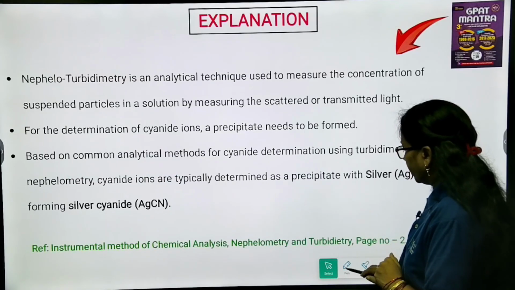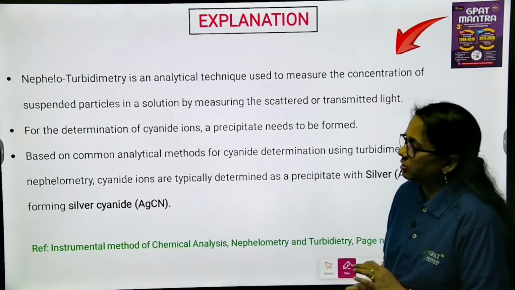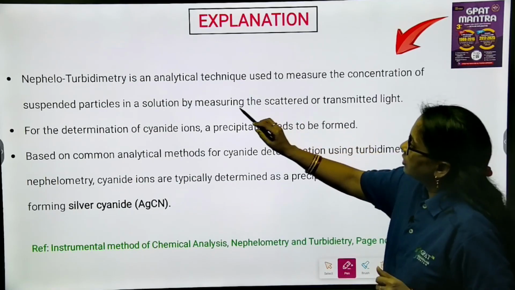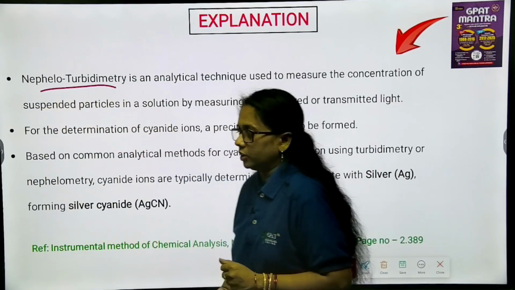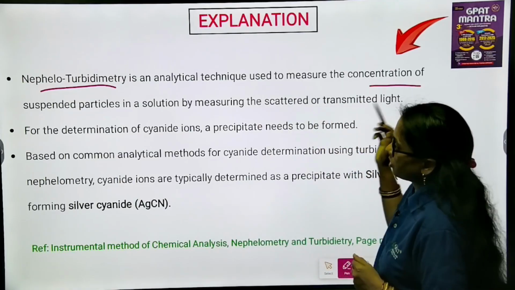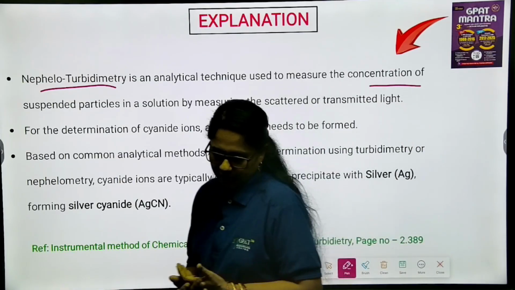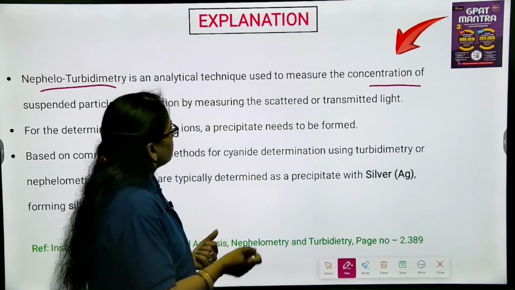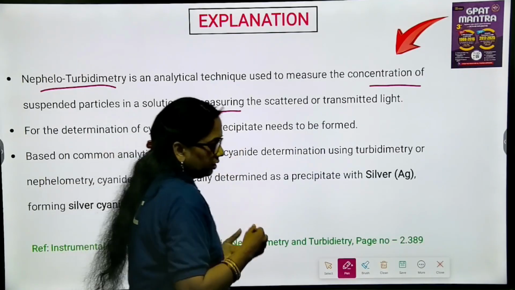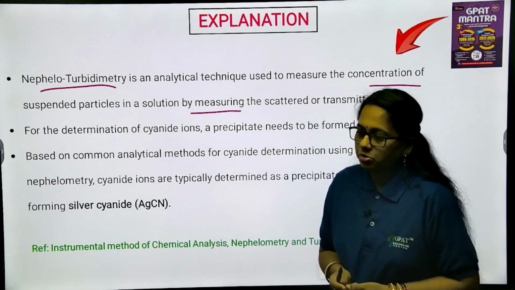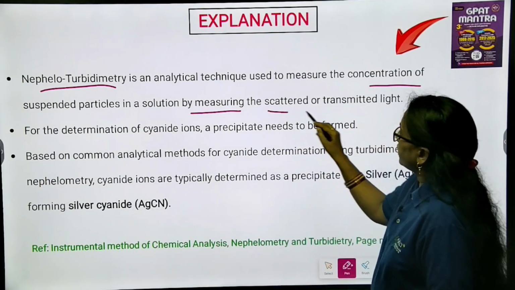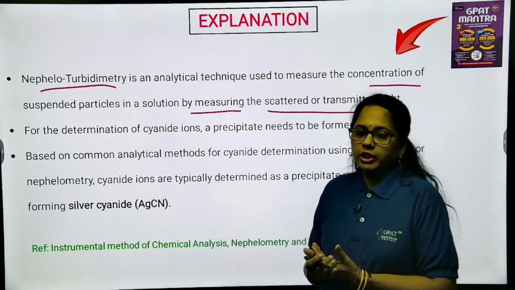So in nephroturbidometry, if you see the explanation for this question, nephroturbidometry is generally used to measure the concentration of suspended particles, right. In case of suspensions or colloid solutions, the phenomenon takes place by the scattering of the radiation, right.